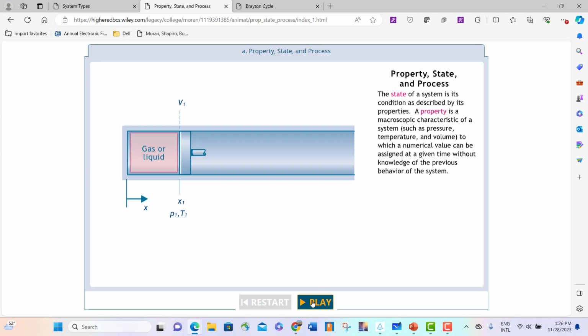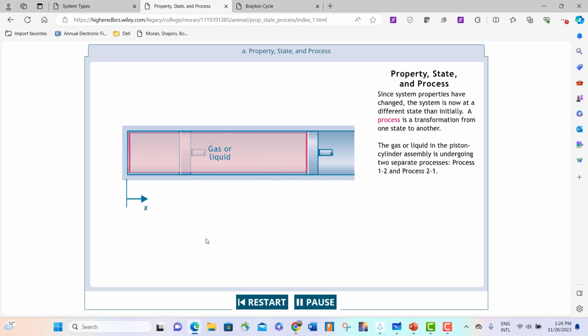So let's look and see what happens. So a gas or a liquid in the piston cylinder assembly is undergoing two separate processes. Process 1 to 2. So let's go 1 to 2. That's expansion work, and then compression.